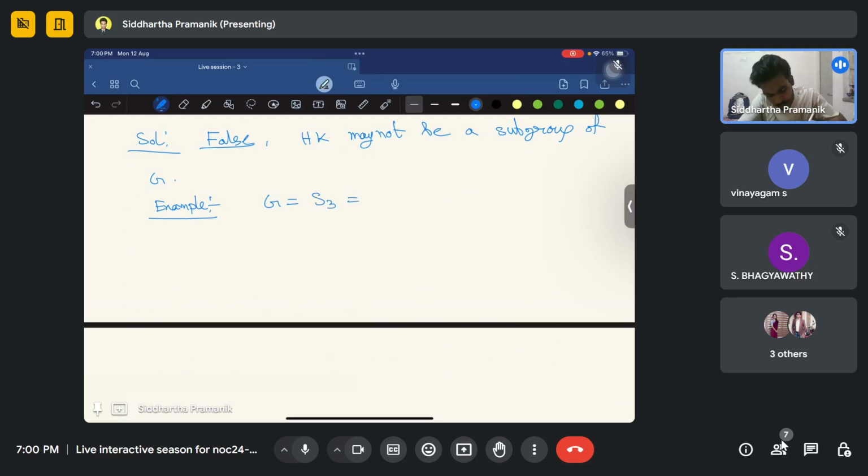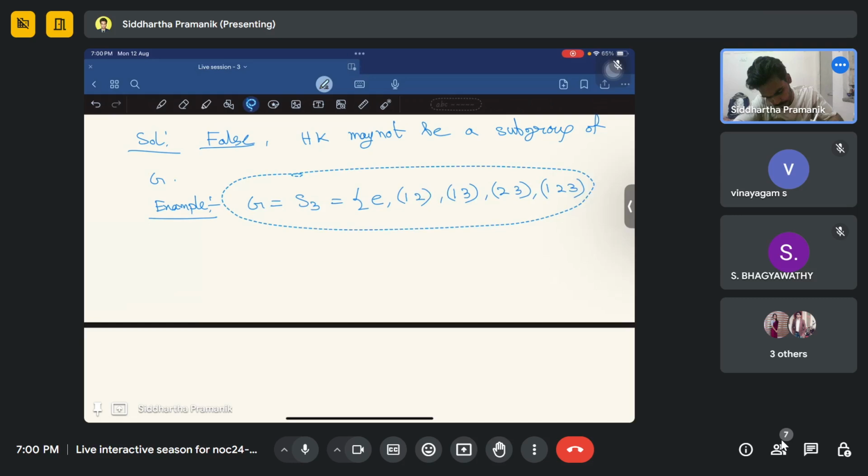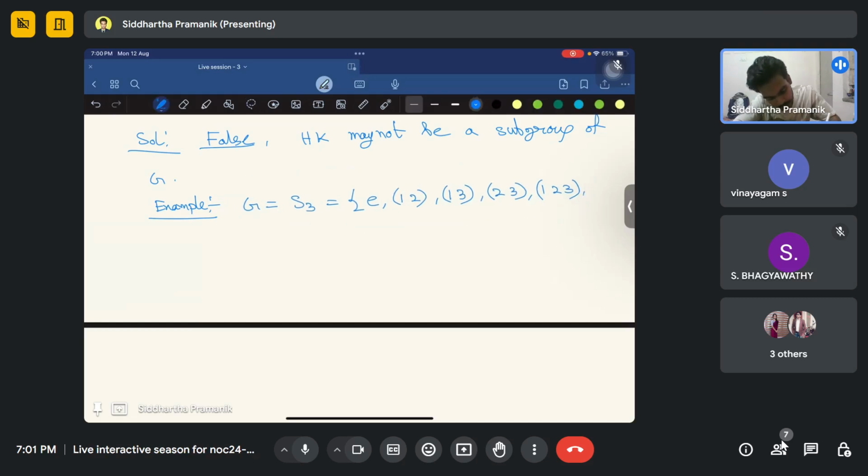In the cycle notations, the elements are the identity element, the cycle 1 2, the cycle 1 3, 2 3, 1 2 3, and finally 1 3 2.